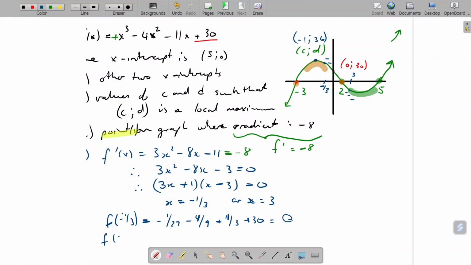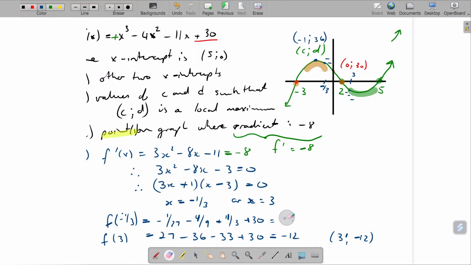And f of 3 would equal 27 minus 4 times 9 is 36 minus 33 plus 30. So I've got a net of what looks like 12. Okay, so the 1 point is 3 and -12. And the fact that that y value is negative suits my diagram.